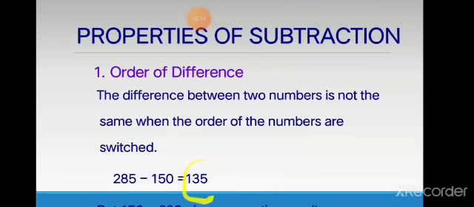The difference is not the same. As you can see in the example, when you subtract 150 from 285, the difference is 135. But when you have to subtract 285 from 150, we couldn't. The answer is negative. So the difference is not the same.